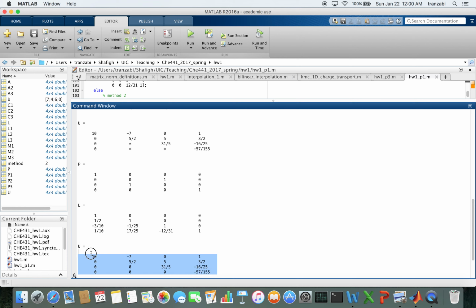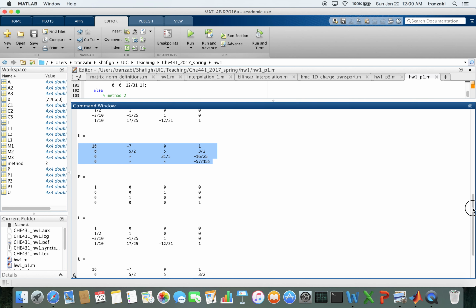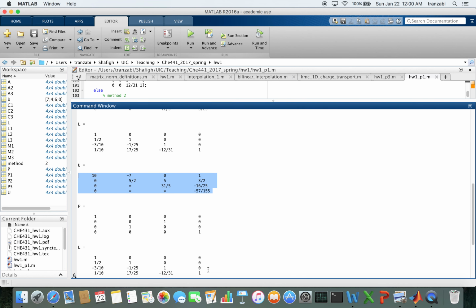This is the MATLAB result, and this is our result by multiplication of L's and P's. Now we can also compare L matrices. Here's the MATLAB result, and here's our result. You see, exactly the same.